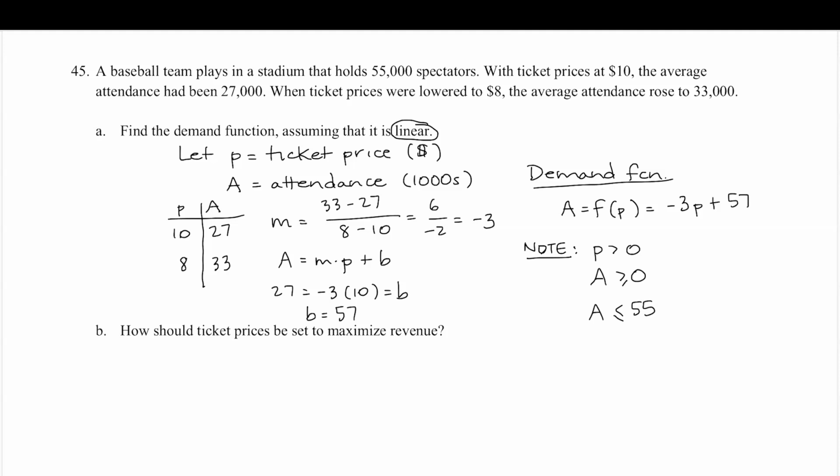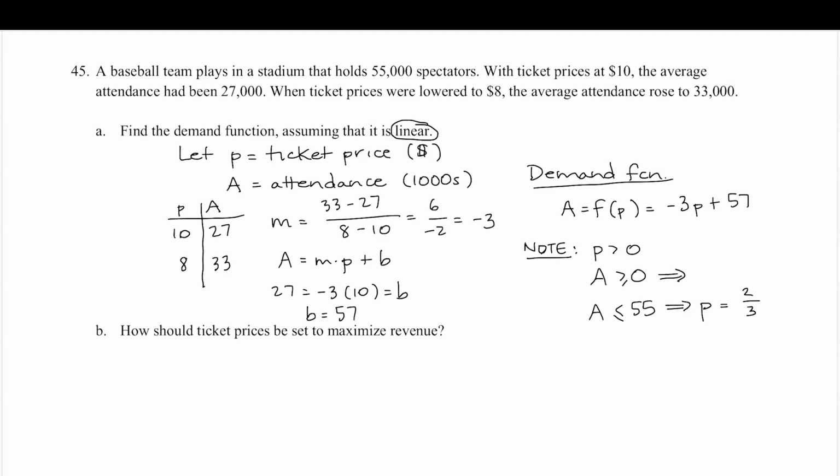And so if we worked our way backwards in this demand function, I would reach my maximum of 55,000 if my price was 67 cents, 2/3 of a dollar. Sorry, I have that backwards.